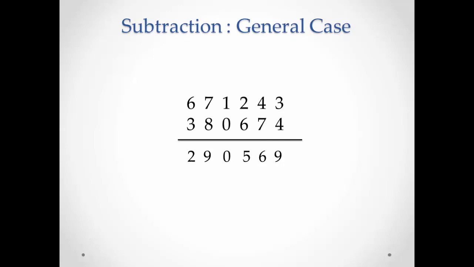Now this is a very general case of subtraction. From now onwards, you can take any problem and you can solve it without any issues, because I hope now you have understood the concept of taking the complement, getting in the complement, and getting out of the complement. So 671243 minus 380674.